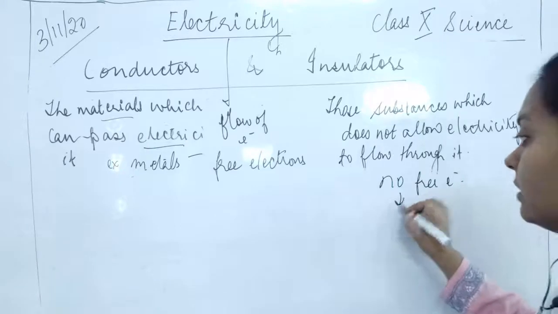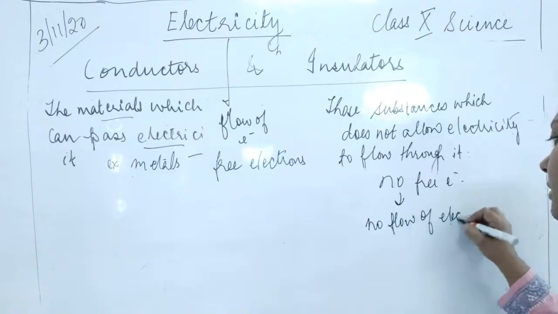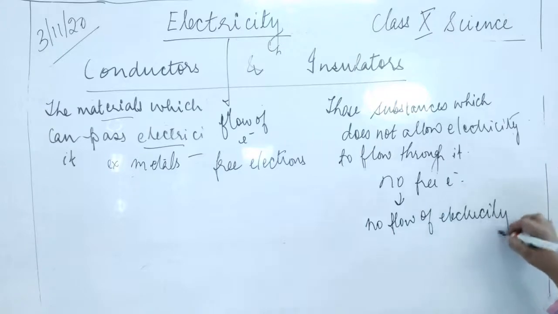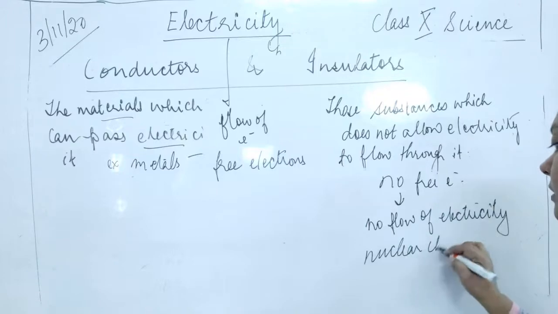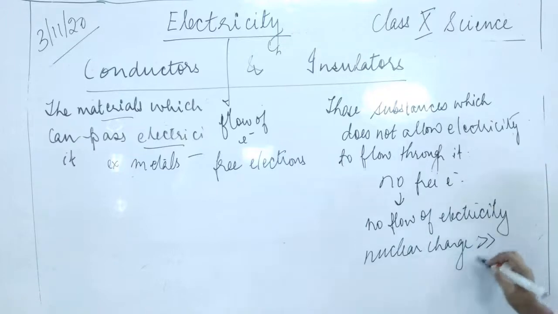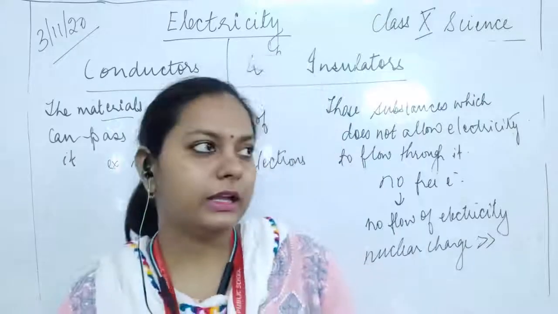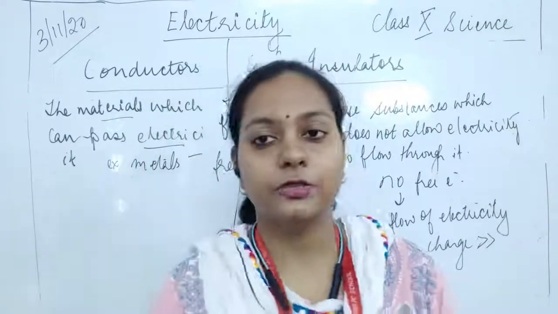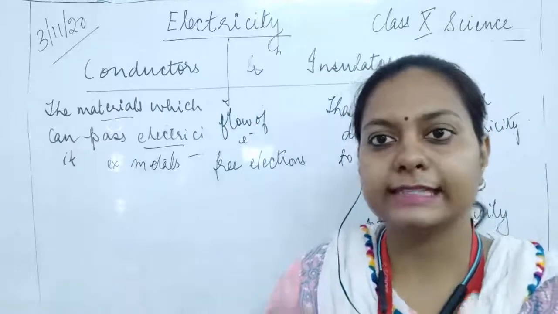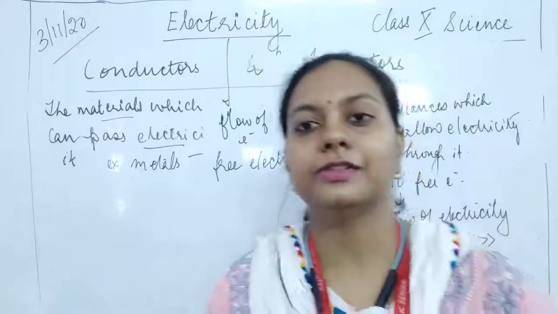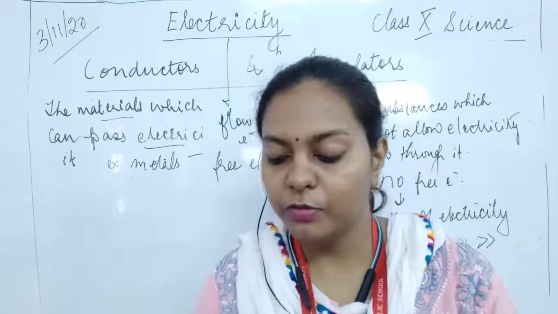So no free electrons, no flow of electricity, because इनका nuclear charge is much greater. बहुत ज़्यादा होता है than other forces. So उसमें इलेक्ट्रॉन्स डोनेट नहीं किए जा सकते. ये इलेक्ट्रॉन्स को अट्रैक्ट कर लेते हैं, बट इलेक्ट्रॉन्स आर टाइटली बाउंड, सो दे कैन नॉट मूव, दे कैन नॉट फ्लो.